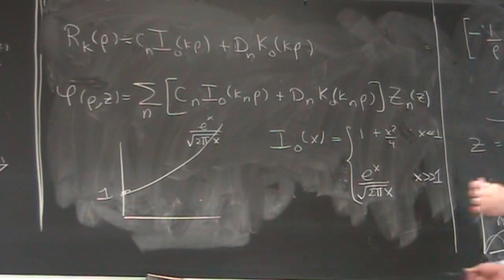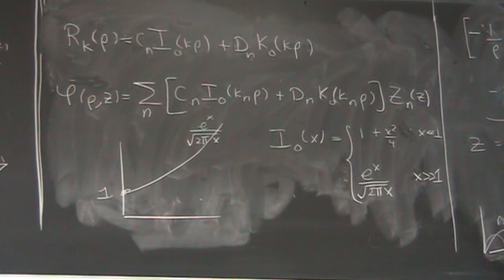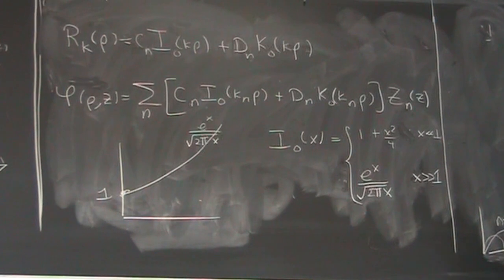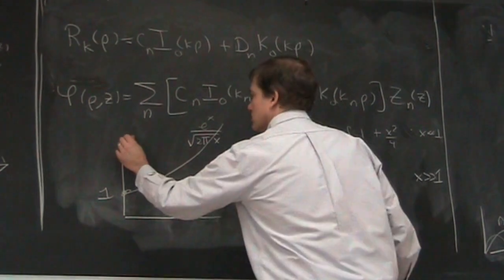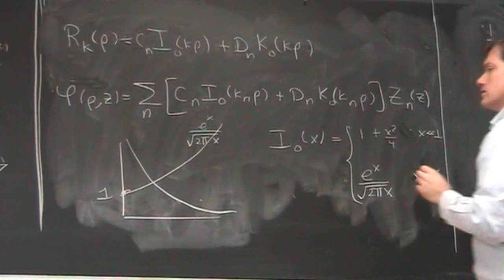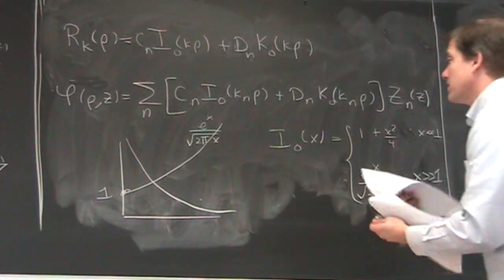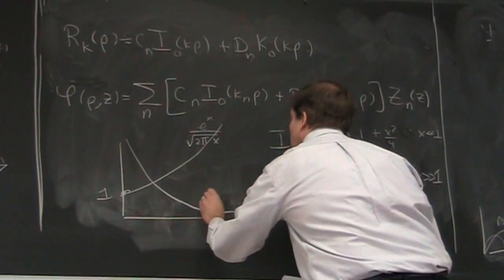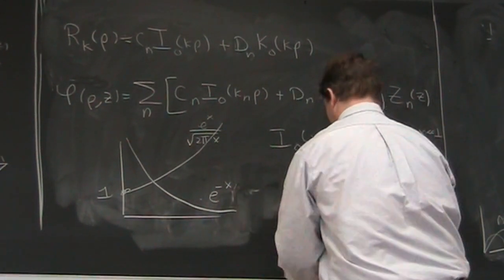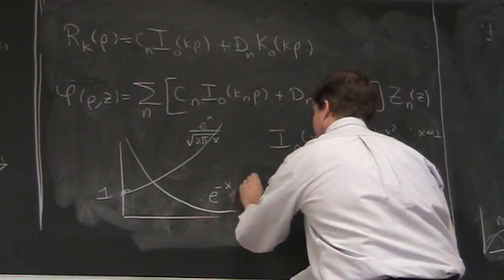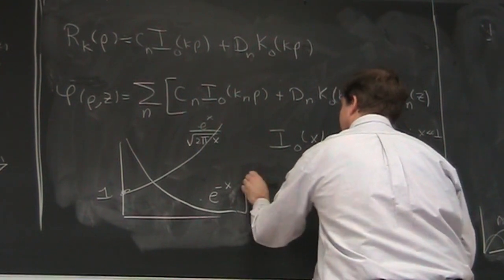K0 looks somehow similar, but reversed. It diverges at x equals 0 and decreases exponentially. So K0 goes like e to the minus x times the square root of pi over 2x.